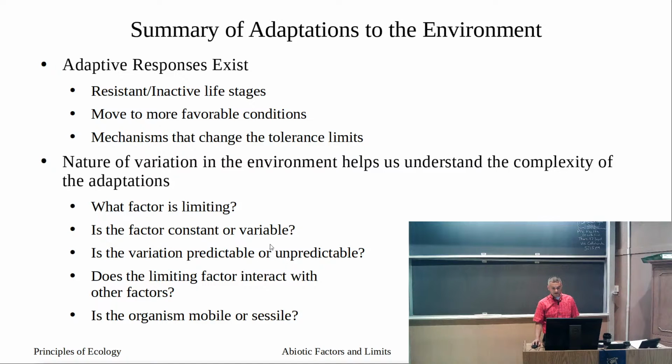And these two points here, constant, variable, predictable, unpredictable, kind of give us an idea as to what type of response would be best. Would it be best to evolve a whole new adaptation that allows us to deal with it? Or would it be better if we just took the easy way and moved? Or took a resting stage approach?